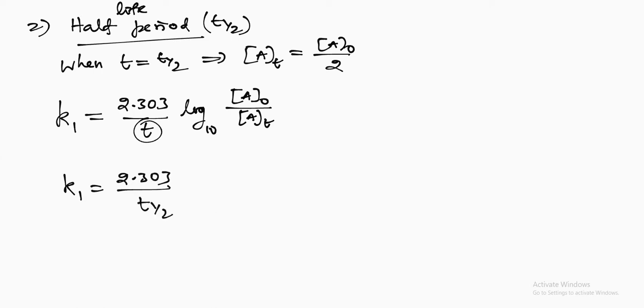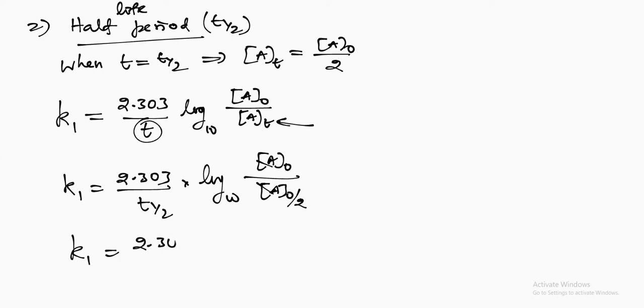When t becomes T half, keep the initial concentration as such, then concentration at time t becomes equal to A naught by 2. So I'll put A naught by 2 here. A naught cancels, the 2 will go to the numerator. So you'll get K1 equal to 2.303 by T half into log 2 base 10.